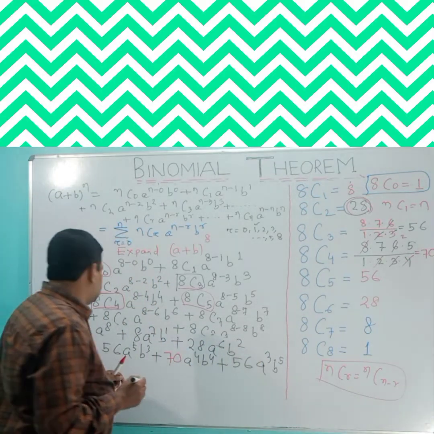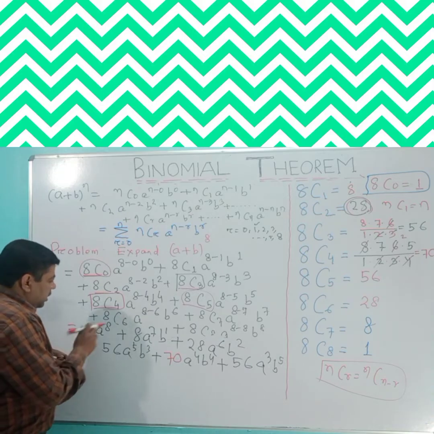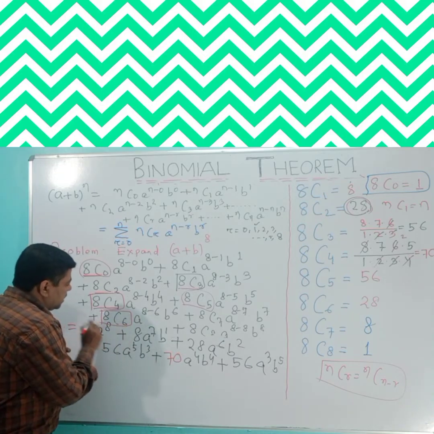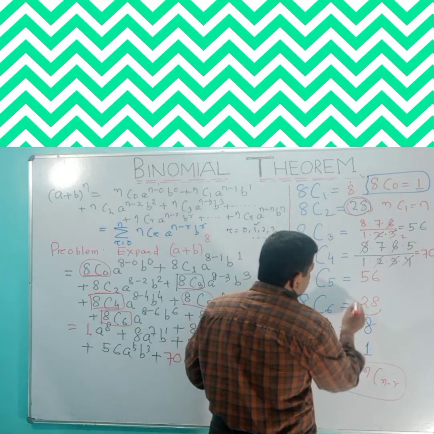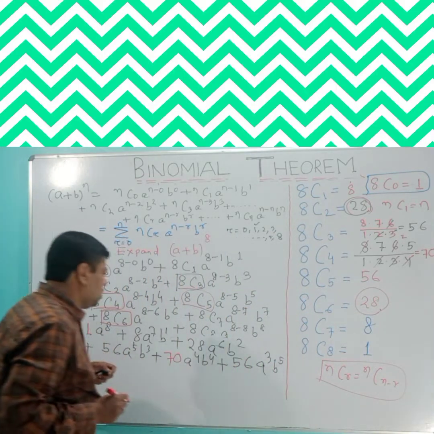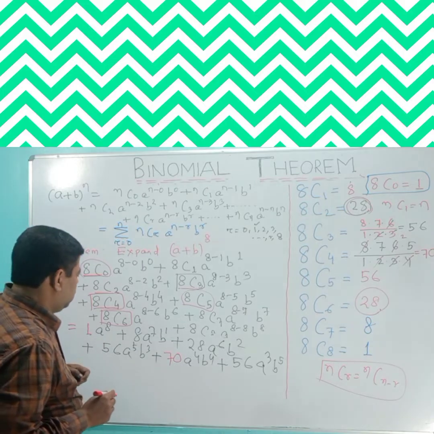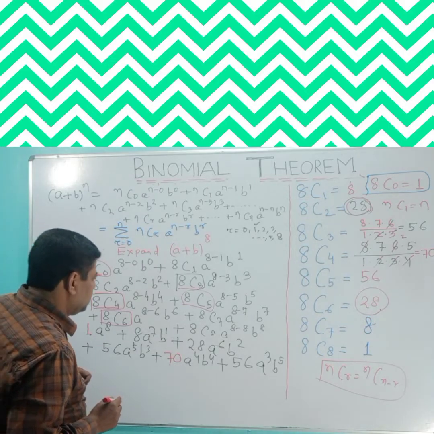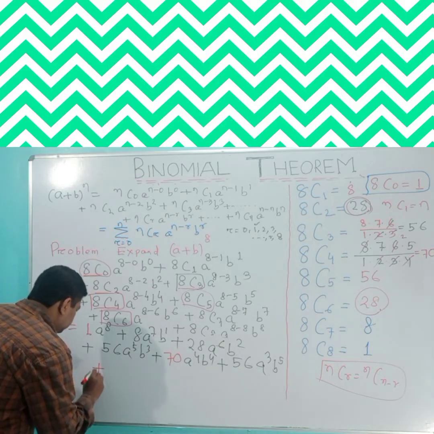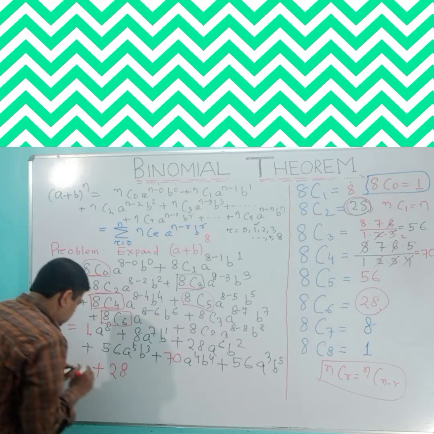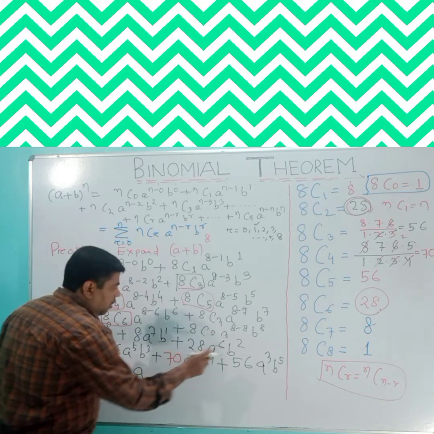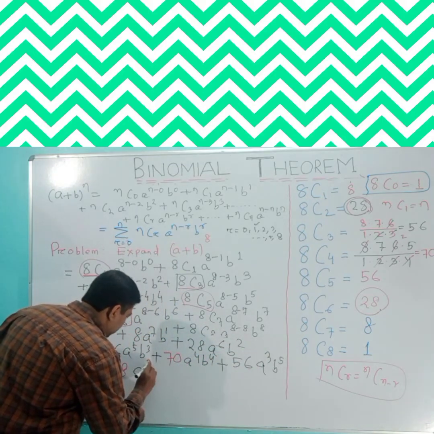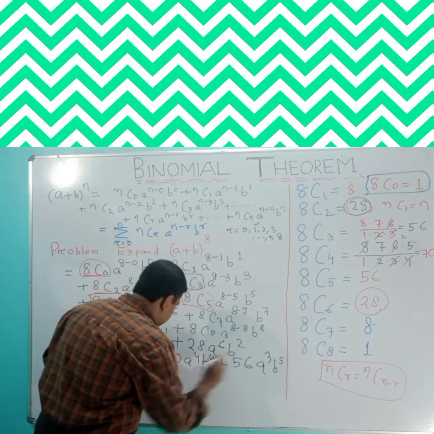The next term is 8C6. What is the value of 8C6? 28. Yes or no? So 28, and after that a to the power 2 and b to the power 6. Here power of a is 3, so it will be decreased by 1, and power of b is 5, so it will be 6.